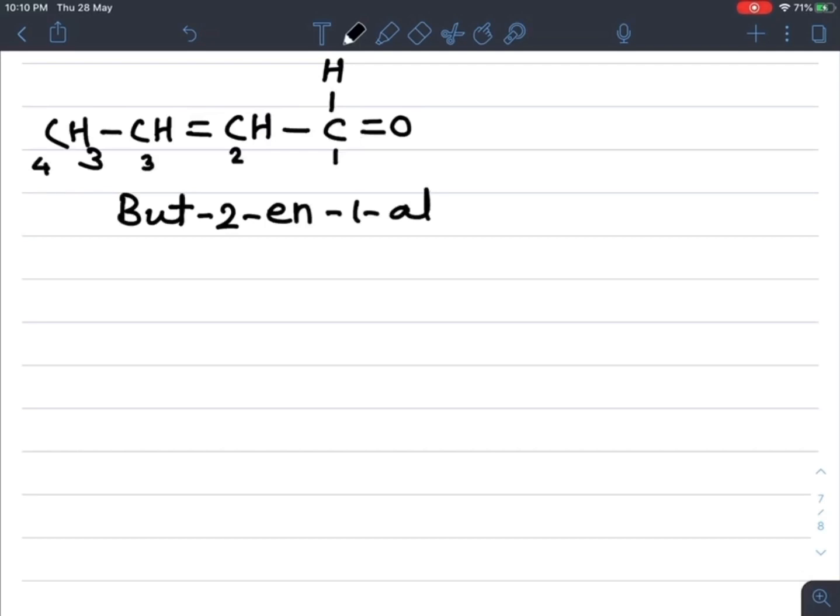Now see, when this but-2-en-1-al undergoes reduction, two types of reducing agents are there. First, by using hydrogen gas with finely powdered nickel catalyst, and the mixture is heated. Then what do we get as the product? This hydrogen reduces all the unsaturated groups, that is, the alkene is also reduced, as well as the carbonyl group.